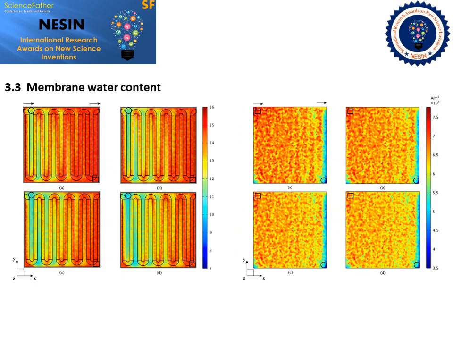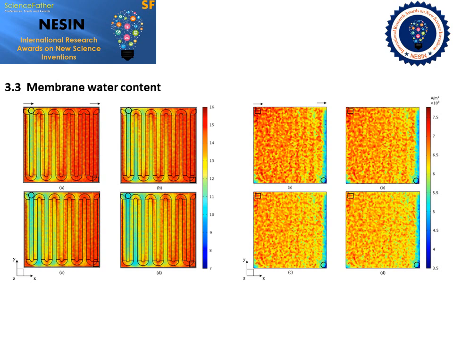And the next is membrane water content. As we can see, the distribution of membrane water content on the membrane surface near the cathode for the 4 TCR operating conditions at a cell operating temperature of 353 Kelvin, and the output cell voltage of 0.6 volts.